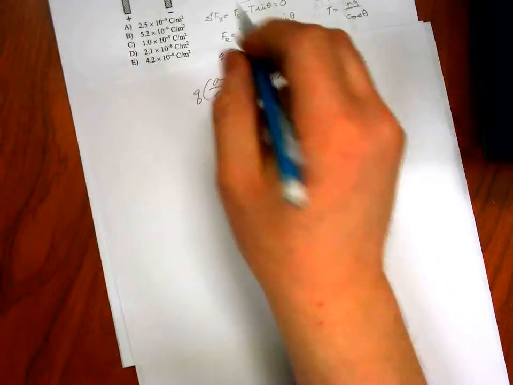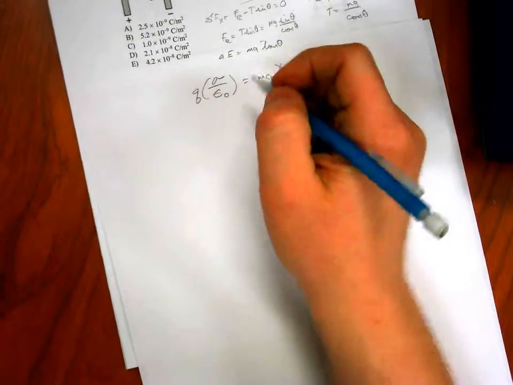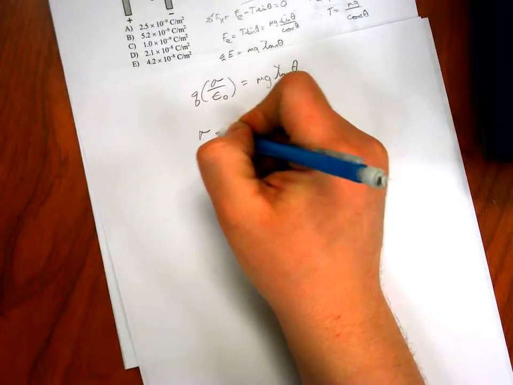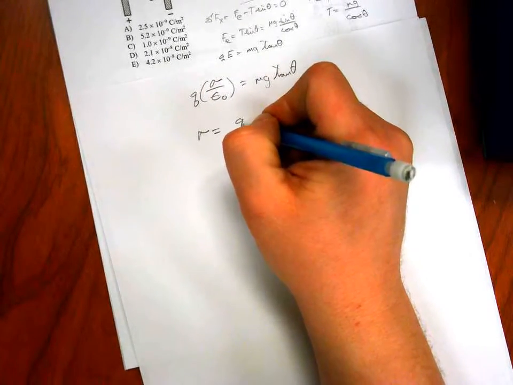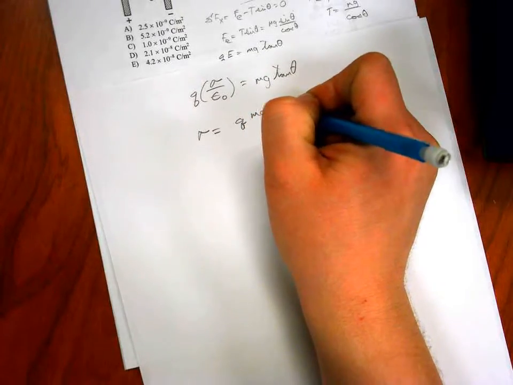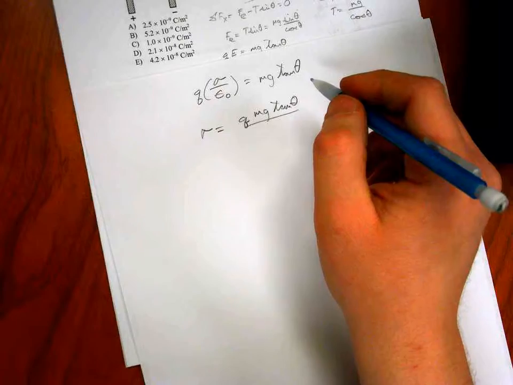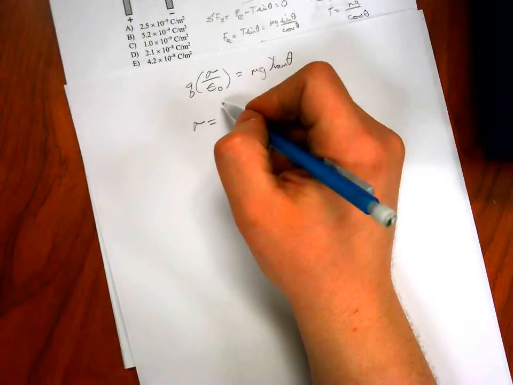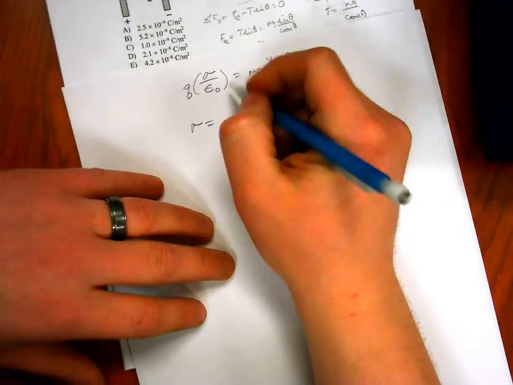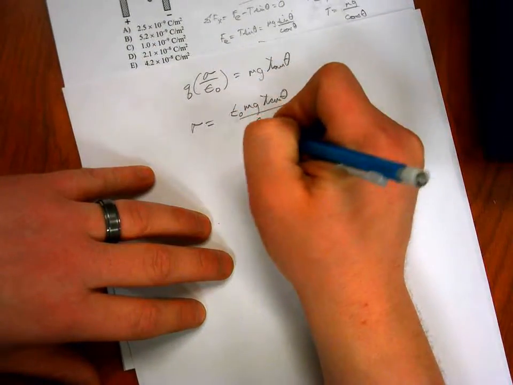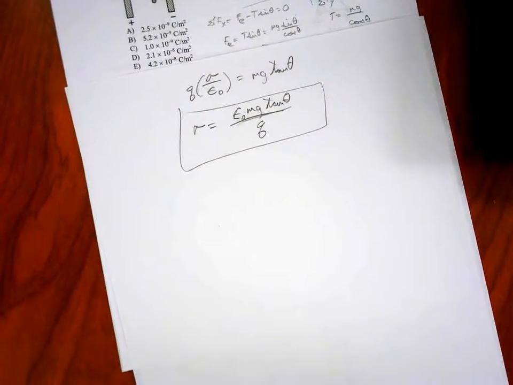That's where I was headed just because that's what it asked for. It asked for the charge density. That's the only equation we have with the charge density in it. So the charge density then is equal to mg tangent of theta over Q, wait, no, epsilon naught over Q. And you can plug in the numbers for yourself.